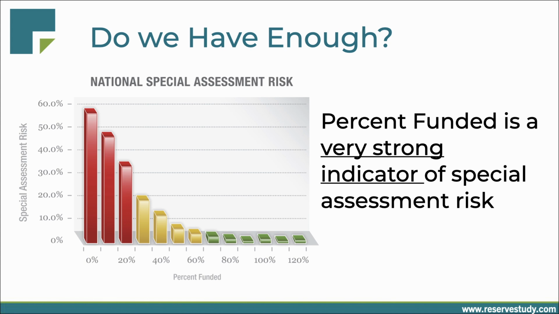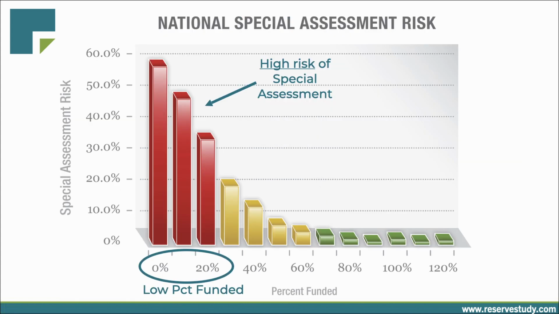Just like with your own health, you care about things like your weight, your cholesterol, your blood pressure. Over at the left-hand side of the chart, when your percent funded is low, in the 0 to 10, 10 to 20, 20 to 30, in the 0 to 30% range, you have about a 40 or 50% chance of a special assessment in any given year if you want to try to accomplish your projects, meaning you have a high risk of special assessment.